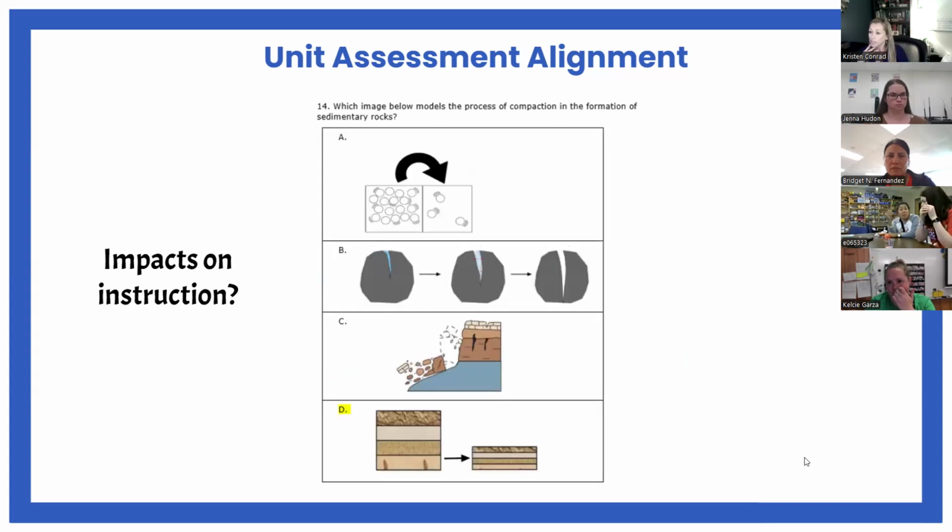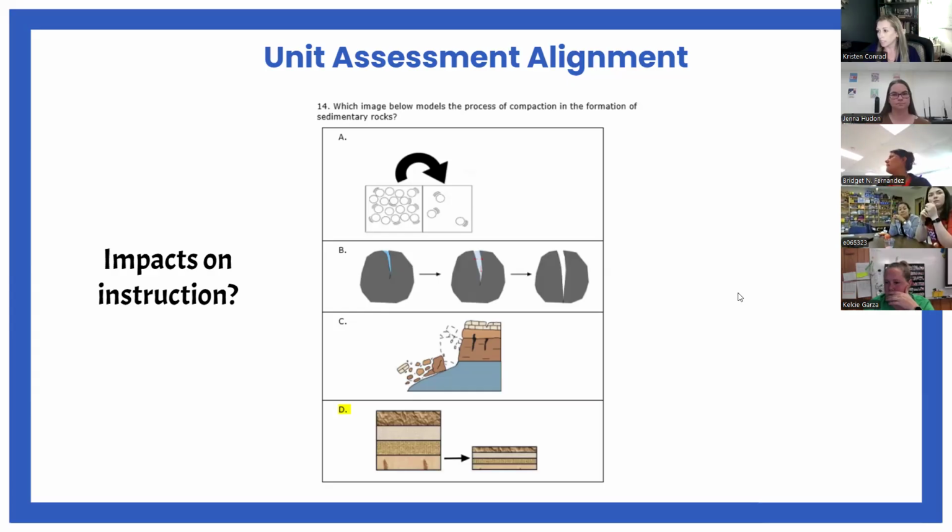This is another unit assessment question. Again, take a look at the question. What do your students need to be able to know or do to answer this question correctly? Good. They need to know compaction. Good vocabulary.